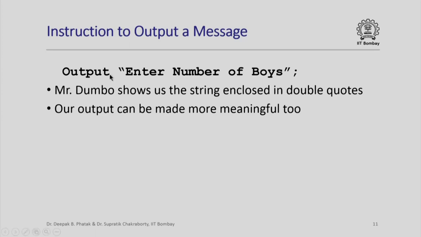In exactly the same fashion, we can use the same output instruction to make our output more meaningful, namely the final value of n students which Mr. Dumbo has to show us. Instead of asking Mr. Dumbo just to say output n students, we can actually output first a string like this, not "enter number of boys", but let us say "total number of students in the class", and then output that value.